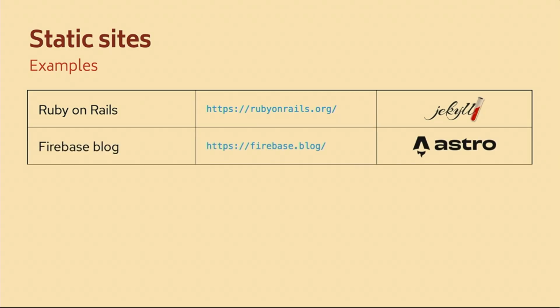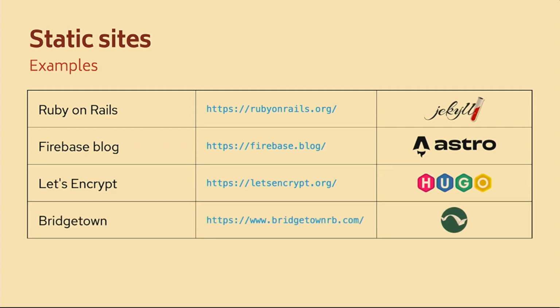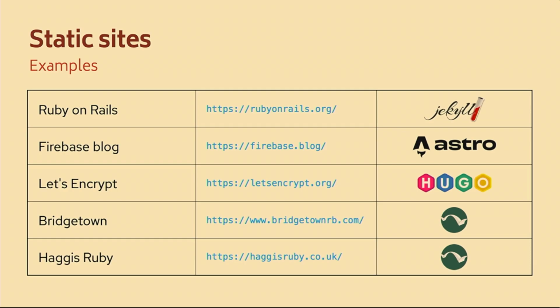Firebase's blog is an Astro site. Let's Encrypt is Hugo. Of course, we run our own marketing and documentation website using our own tool, so that's fairly obvious. But this one made me really happy because this conference's website runs on Bridgetown. So when I went and viewed source, that made me very happy. It's a good choice, James.